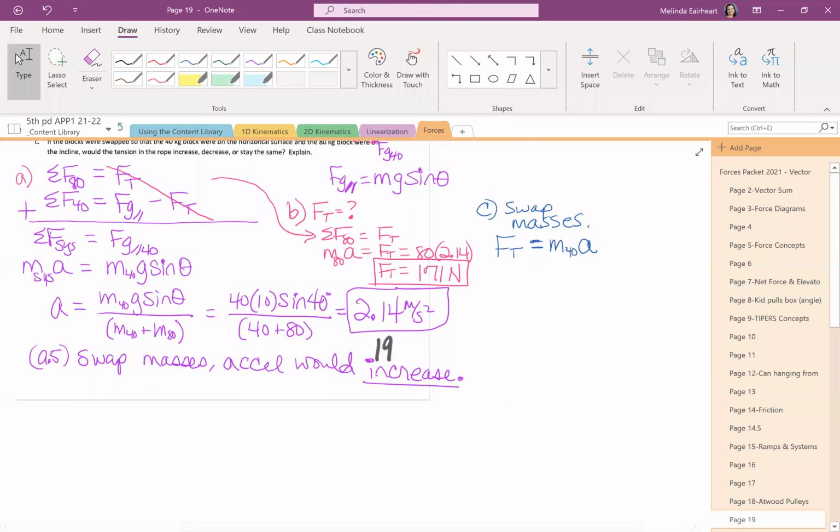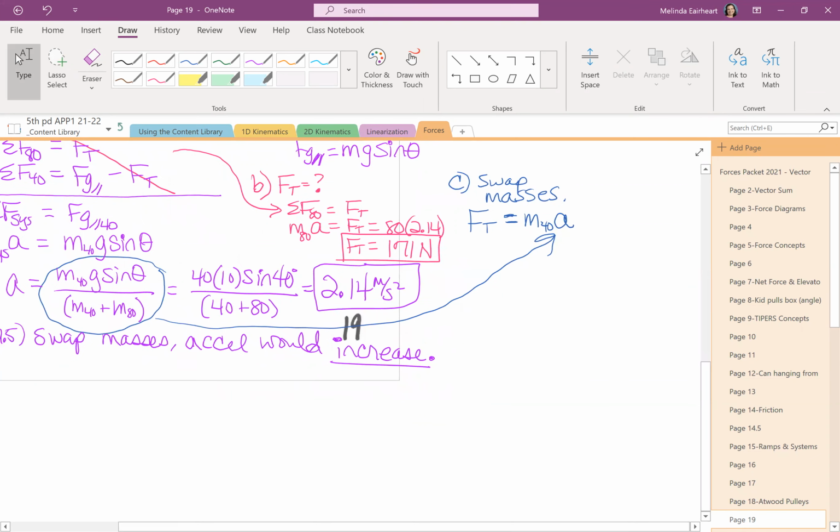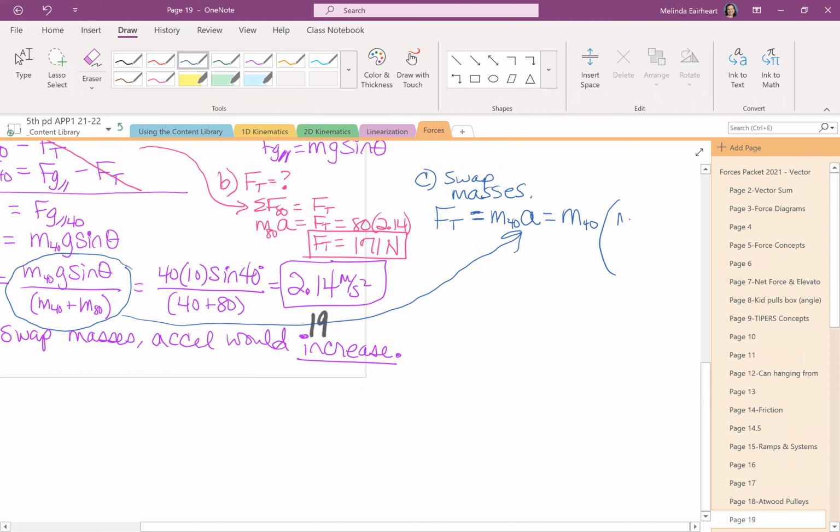And so the acceleration, here's a trick. So to save you a little bit of math, we know an equation for the acceleration. Can I plug that in here? I just have to make sure I switch the mass. And so your tension with them swapped would be M40, but then be careful, M40 in my previous acceleration is now going to be M80, right? And so it would be M80 times G sine theta over M40 plus M80.